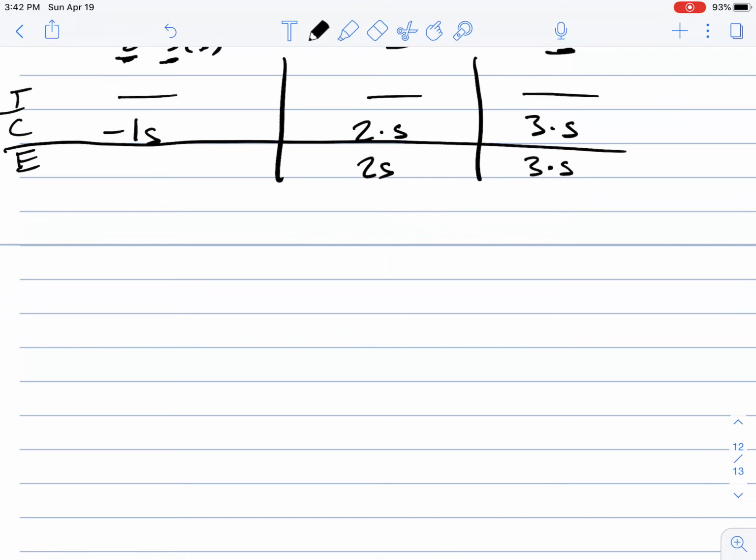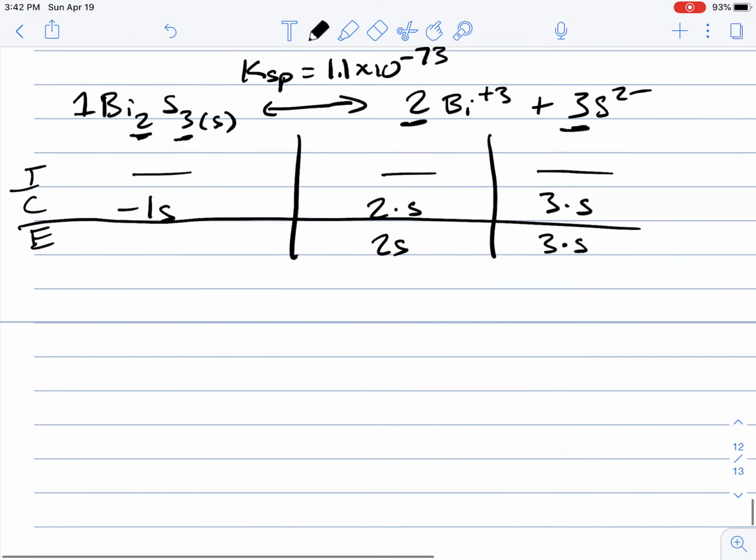And so now that we've built our ice table, we're going to go ahead and write the mass action expression. And so KSP is equal to 2S, that's the bismuth, times 3S, that's the sulfide. Now, since the coefficients are 2 and 3, we also have to make sure that they're incorporated in our mass action expression.